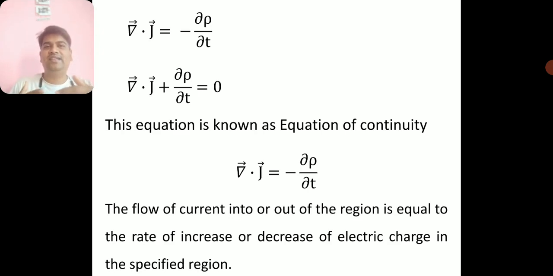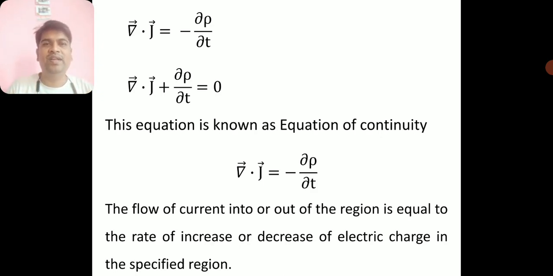It clearly tells that the current which is flowing out of the region is equal to the rate of decrease of electric charge in a specific region. Or it tells that the current which is coming into the region, into our surface, into our volume, is equal to the increase of electric charges in that specific region enclosing the volume V. It is exactly the law of conservation, which we are telling in some other form.